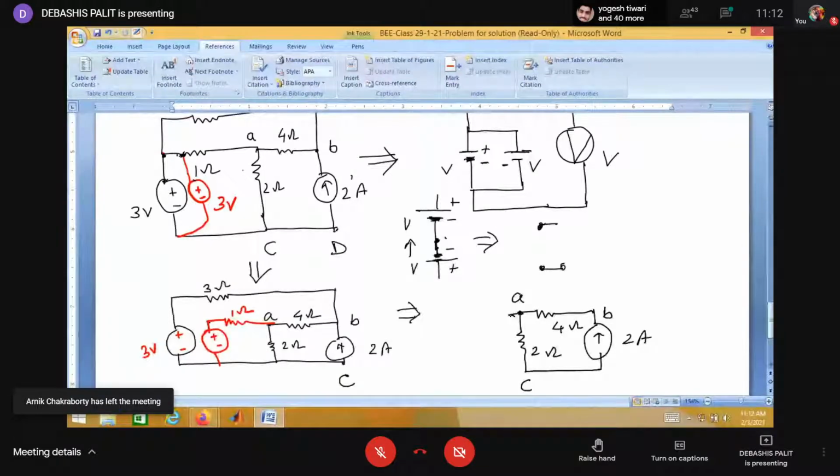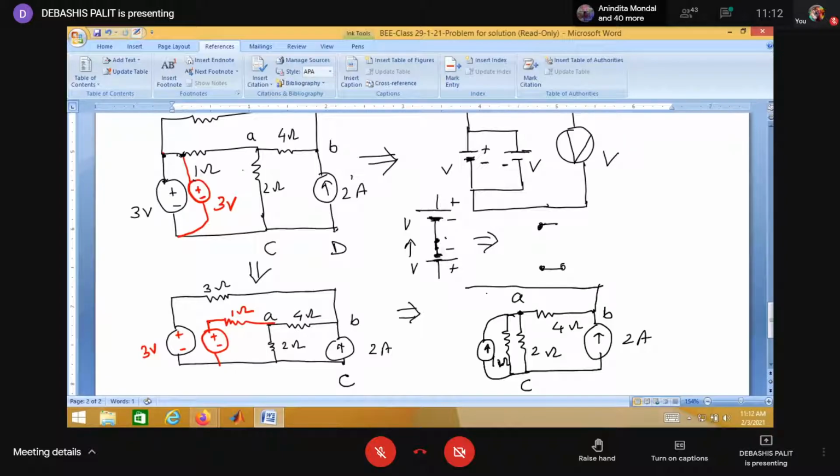So there may be some current source and a parallel resistance. That means there is a resistance here, 1 ohm, and a current source here. And here at B point, there is a 3-volt source and series resistance.